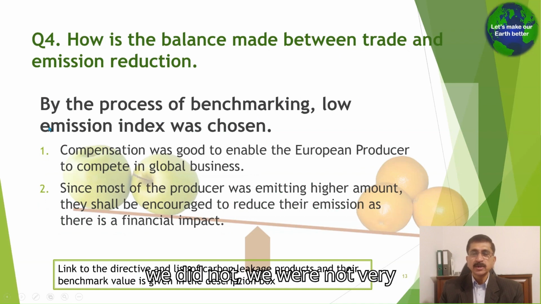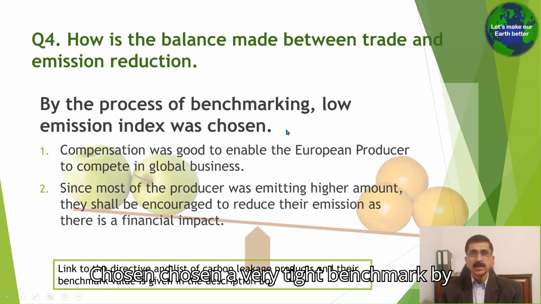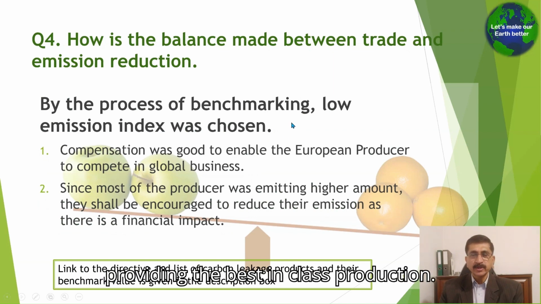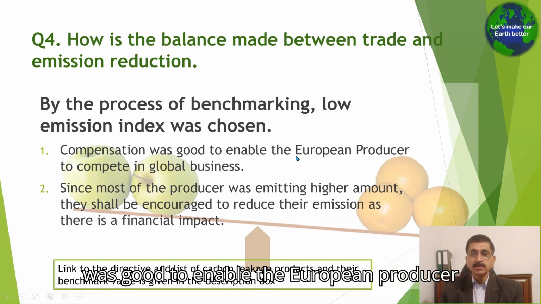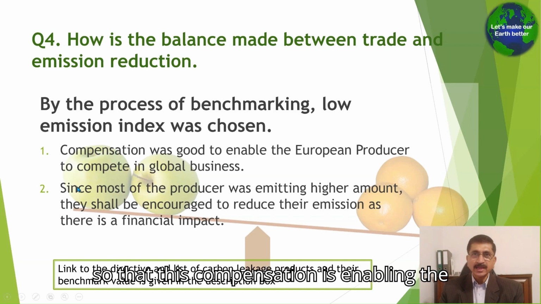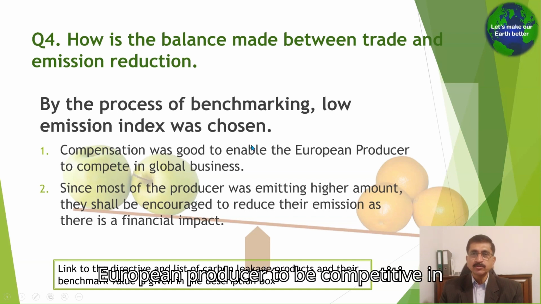That means we were not very loose in terms of choosing the benchmark. We have chosen a very tight benchmark by taking the best in class production facility, and then compensation was given to enable the European producer, so that this compensation is enabling the European producer to be competitive in global business.